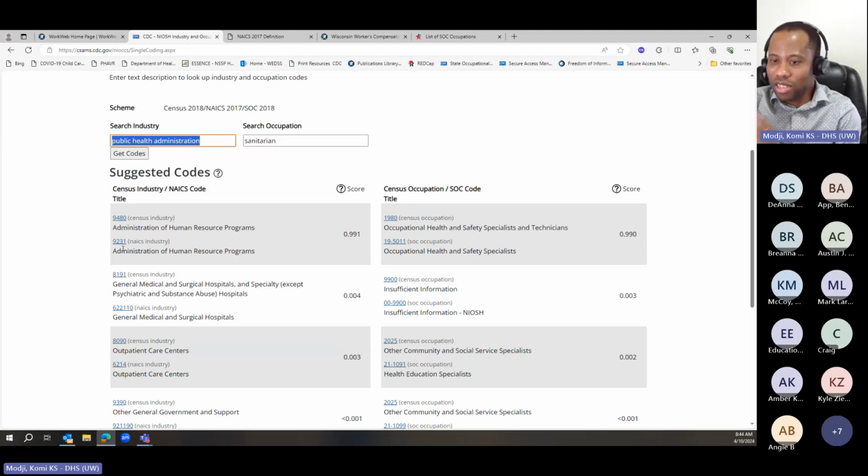So it's still public health; public health will be just a detailed industry of this industry group. On the right-hand side, you can see occupational health and safety specialists. That's your occupation in terms of standardized occupation.